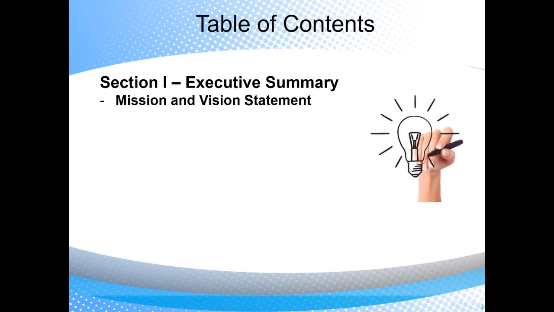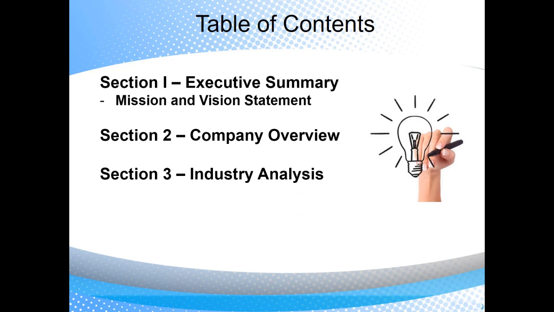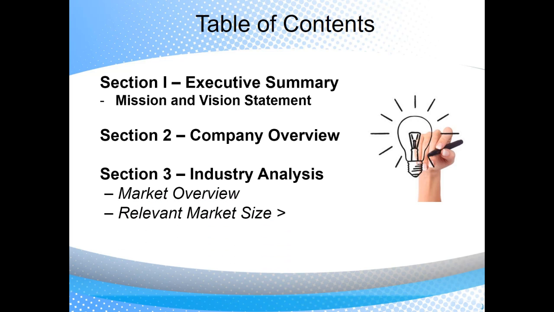For us, we will really look at what our mission statements are, or, since we will do an exercise for vision, you can also add your vision statement. Section 2 would be your company overview. This, of course, would be all about your company itself, that you don't indicate in your summary. We will go into more details about that. Then your industry itself, which includes your market and the size of your market. I'll give you more information for that.